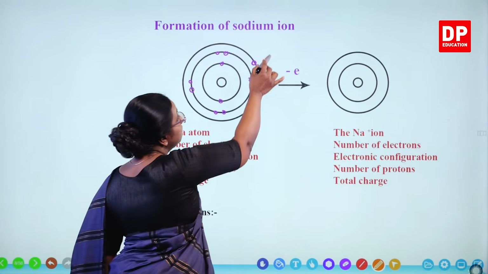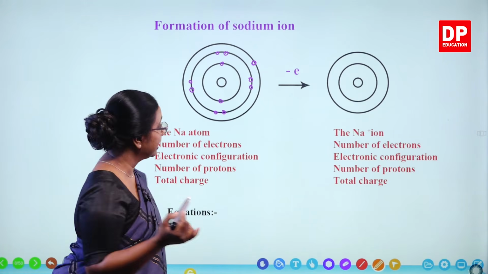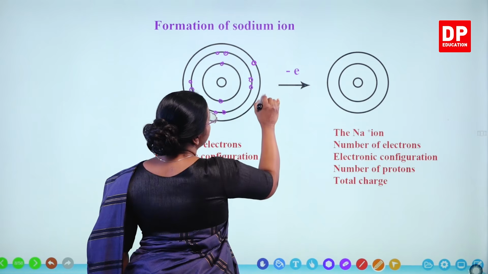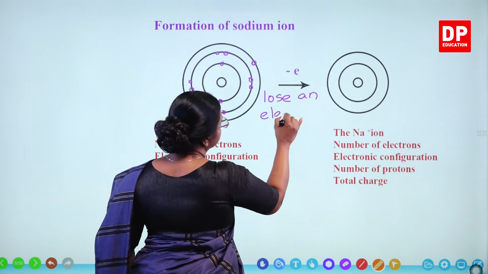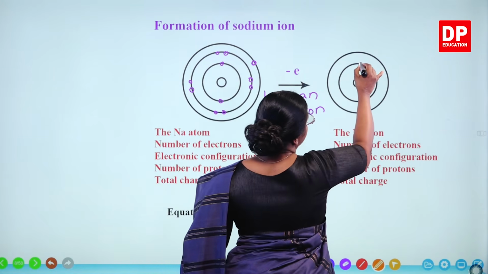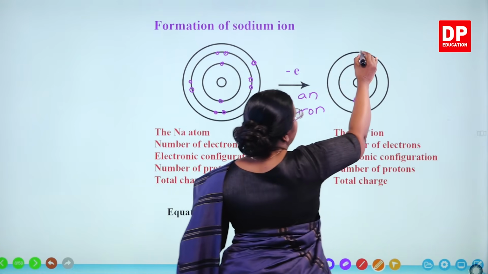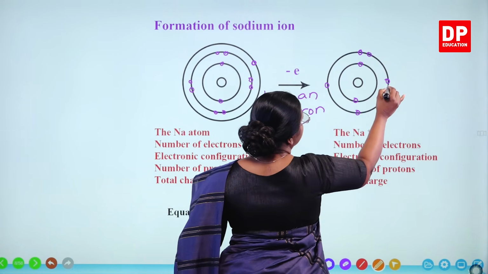That is the valence electron. The one in the valence shell is the valence electron. So that is what is going to be lost. Lose an electron. Then what happens? They have the electrons in the first shell, the 2 electrons, and the second shell has the 8 electrons.